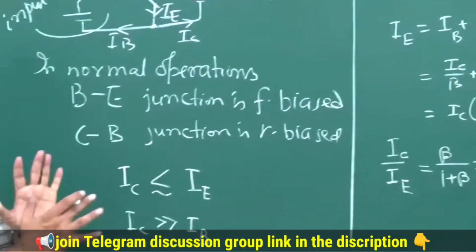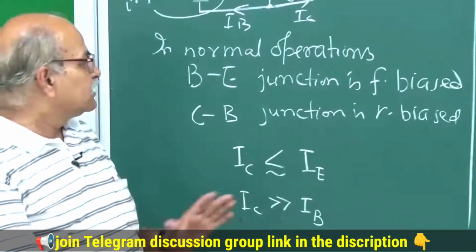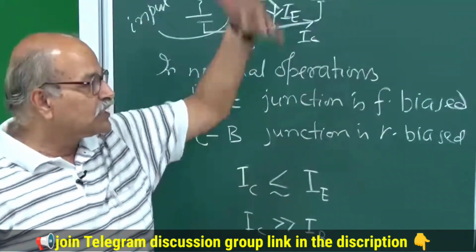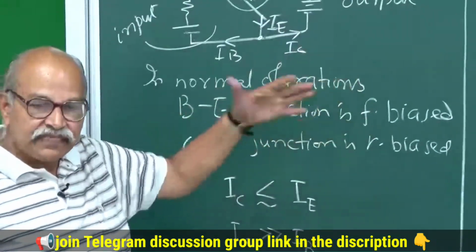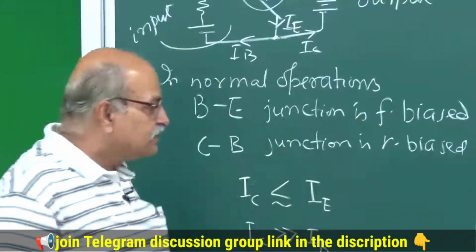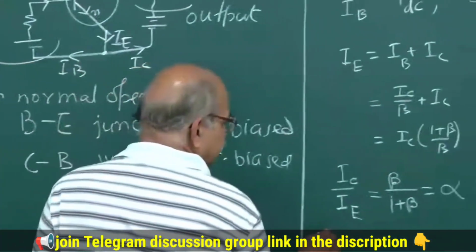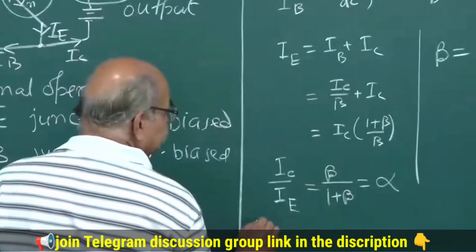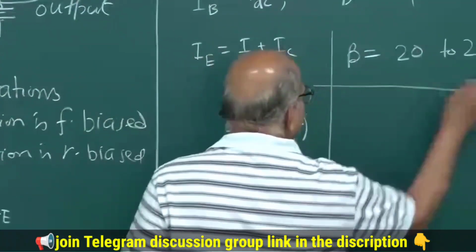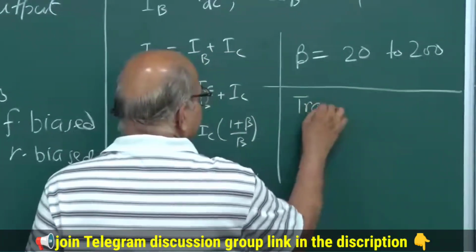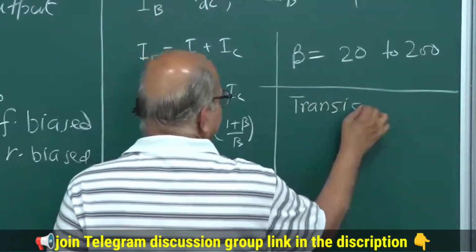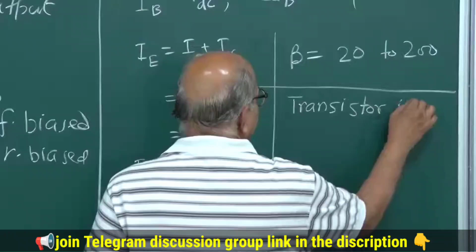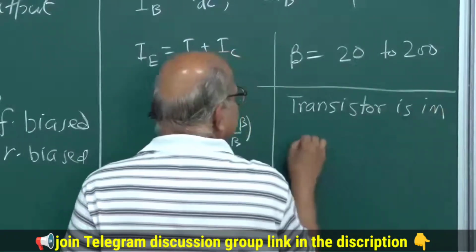Now, this normal operation, the whole mechanism, when these conditions are met, we say that the transistor is in active region.